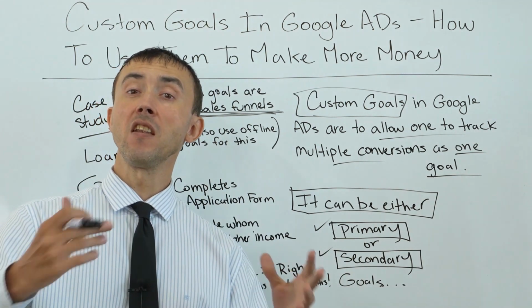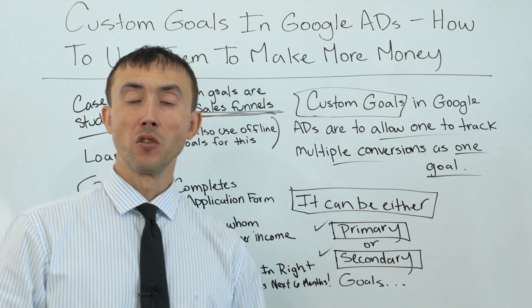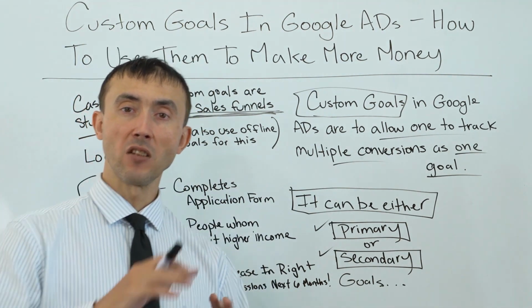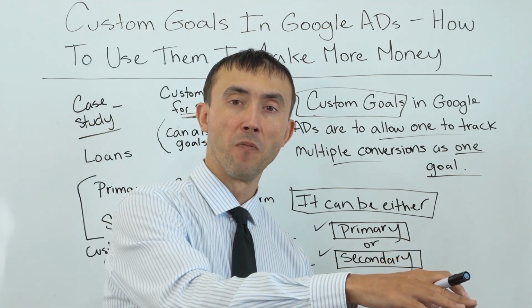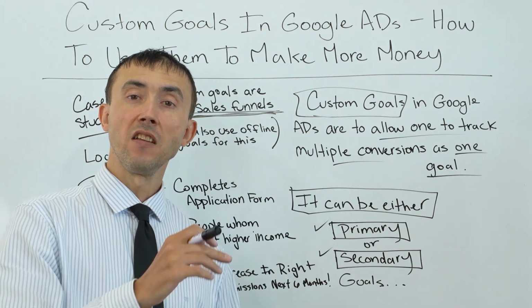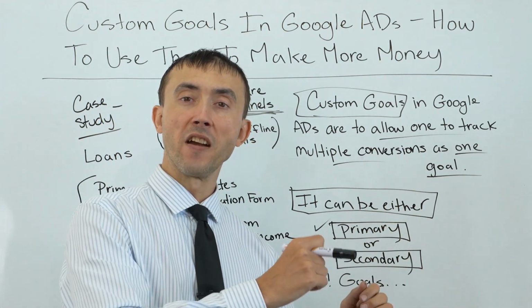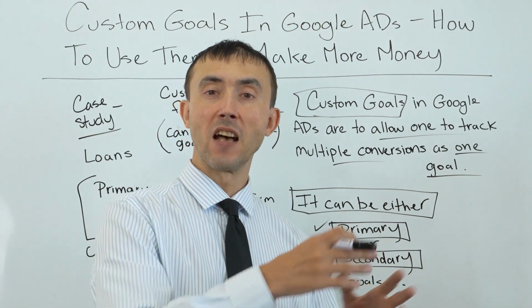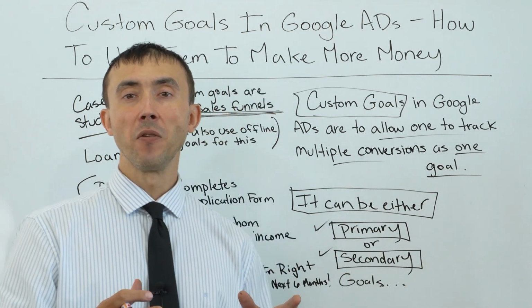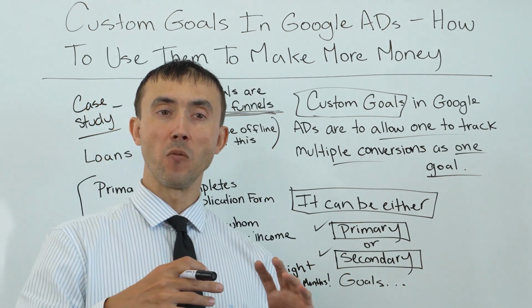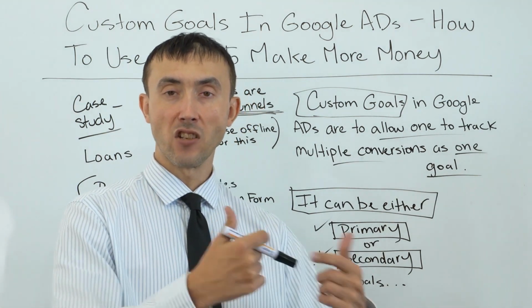Then you could create a custom goal so that if somebody gets all the way through your multi-step form process and triggers this other secondary goal, which fires anytime someone says they have a budget of 5,000 or higher, you have something you're tracking which is the more ideal action.